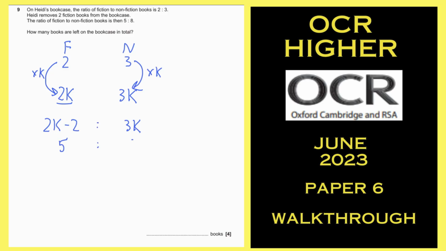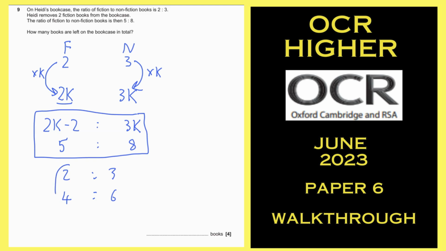We've done the heavy lifting, really. We're only interested in making a connection here. The idea being, if we just simplify this for a bit, if it was 2 to 3 and we scaled them up to get 4 to 6, it is no coincidence that 2 divided by 4 equals 3 divided by 6.